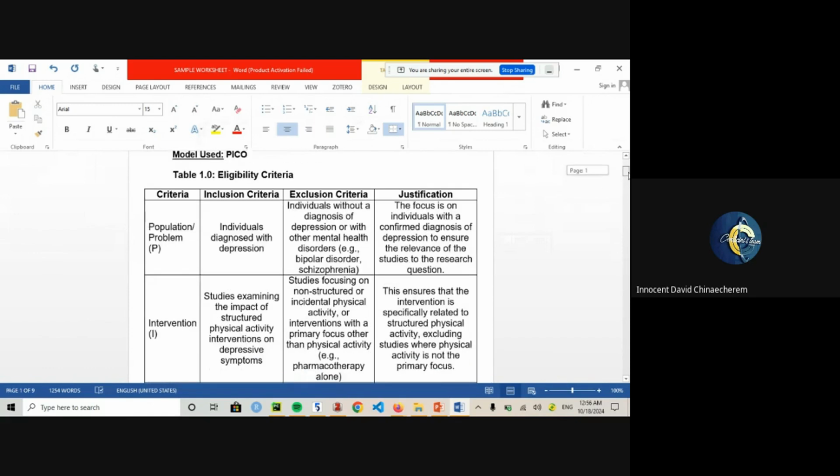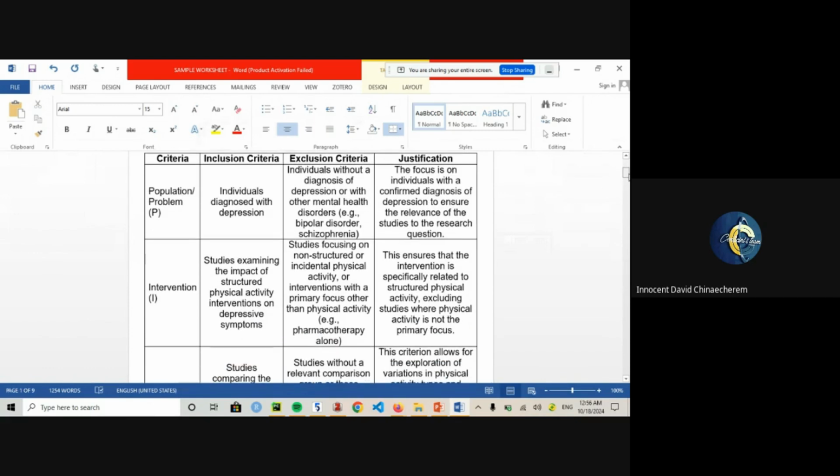I'm just going to focus on the inclusion and exclusion criteria. For intervention, we have the impact of structured physical activity on depression. Any study that is not focusing on physical activity, or that focuses on physical activity with other interventions like pharmacotherapy, was excluded.